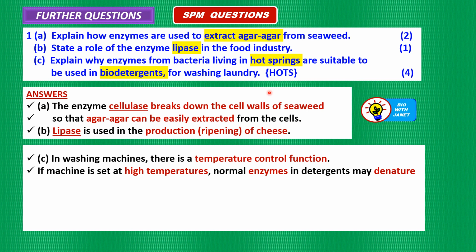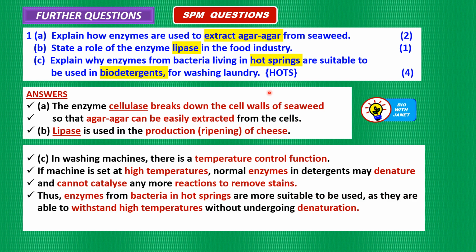So if the machine is set to a higher temperature like 50 or 60 degrees Celsius, the normal enzymes in the detergents like lipase and amylase may denature, meaning that they may be destroyed and they are not able to catalyze any more reactions to remove the stains from the clothes. Okay, so they will not be effective to remove stains from the clothes.